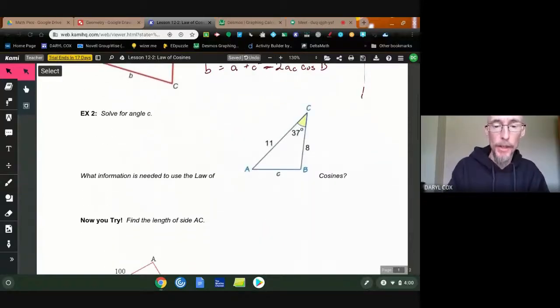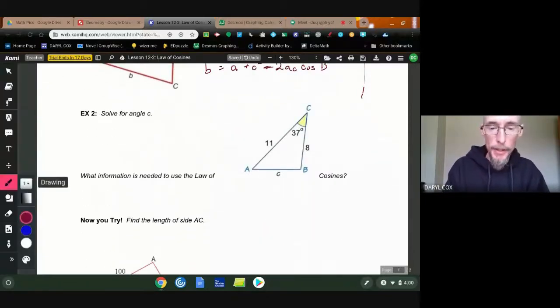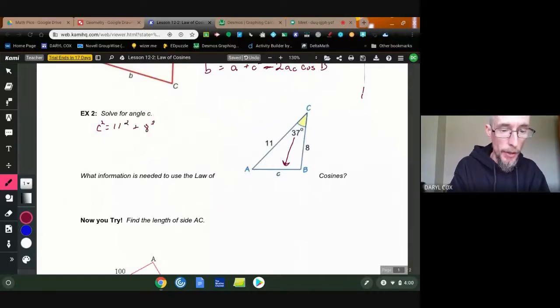Let's look at a problem. Here we want to find side c. Notice angle C is across from it. So c squared starts off like my Pythagorean theorem: 11 squared plus 8 squared. But it's not the Pythagorean theorem because it's not a right triangle. Minus 2 times 11 times 8 times the cosine of the angle opposite side c, which is 37.